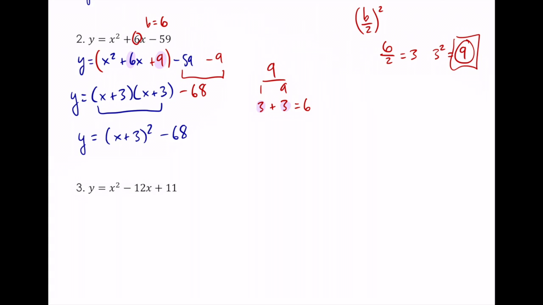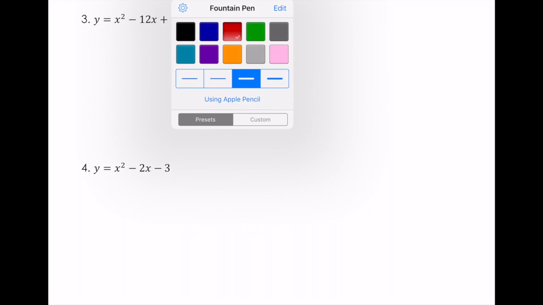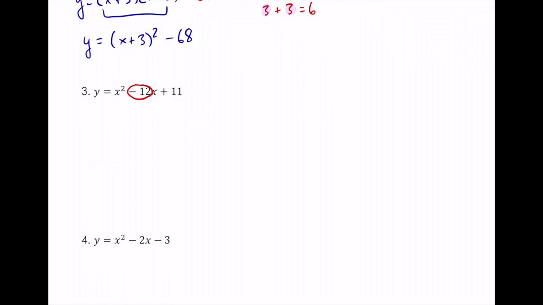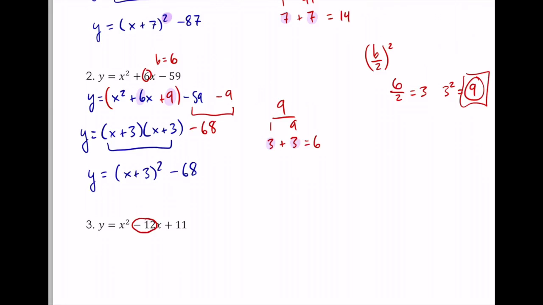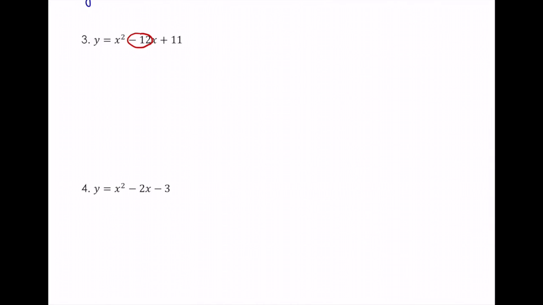Let's try another example. We're looking at our b value. So notice here, this 12 is negative. For all my answers before, the b value has been positive. But if we have a minus sign in front of our b value, we want to say that it's negative.